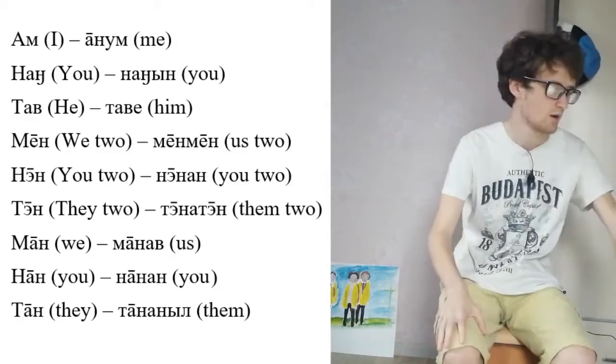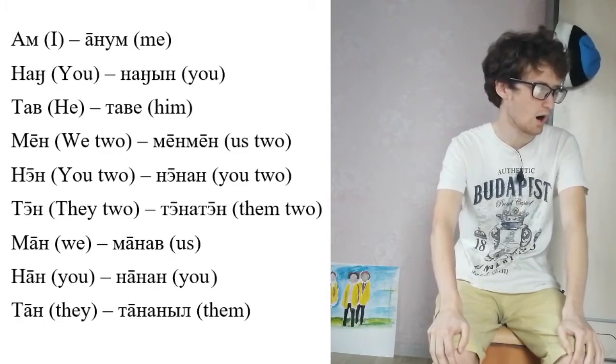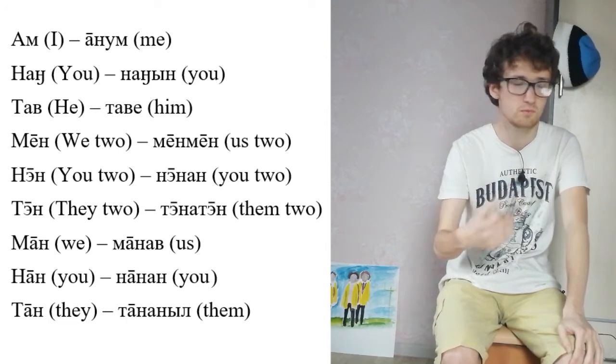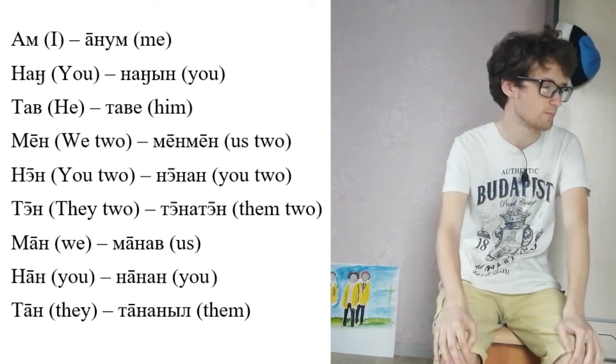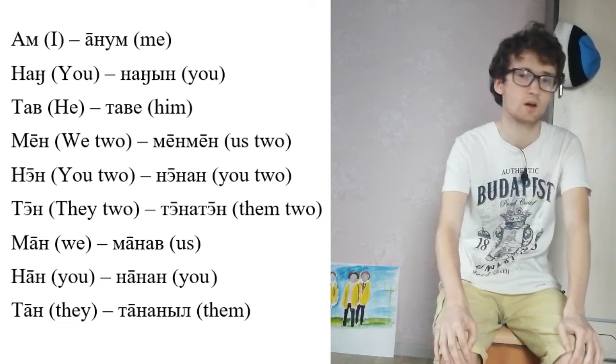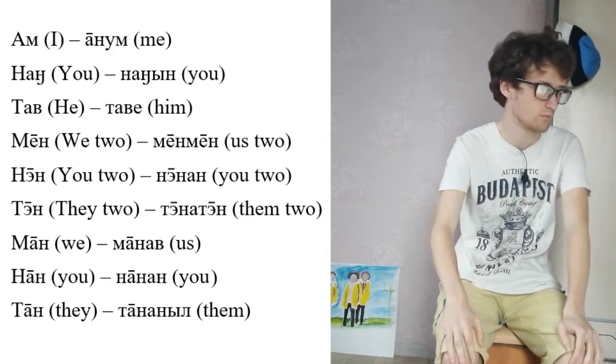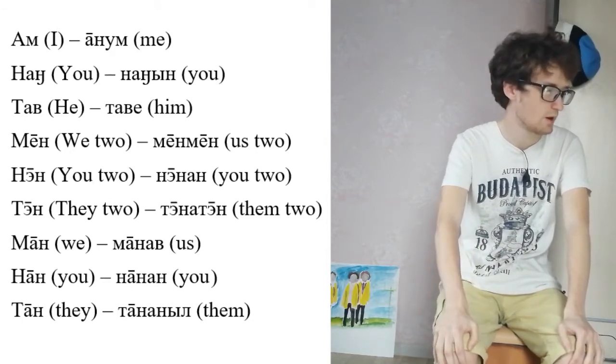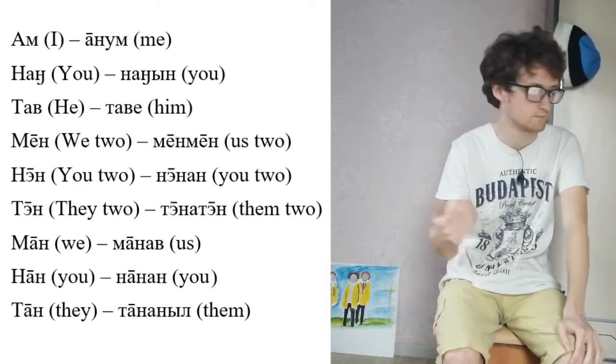But what if we put the personal pronoun instead of noun? Pronouns have accusative. Am, anum, me. Nan, nangan, you in accusative. Tau, tavia, him.